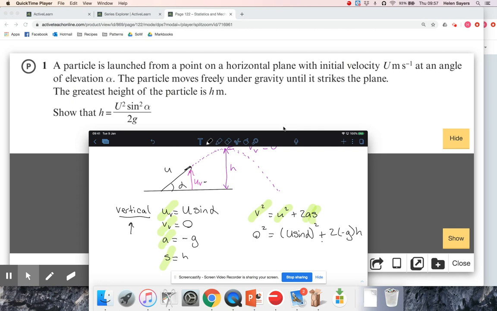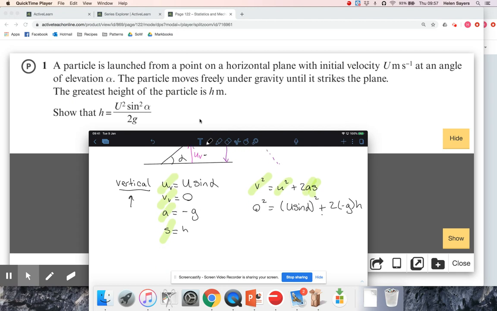Okay, I'm feeling quite positive about this because I can see where a 2g is going to come into things. I can see where u squared and sine squared is going to come in, so I think we might be there. So let's just tidy all that up. 0 squared obviously is 0. If I want to lose those brackets, that's going to be u squared times sine alpha all squared. But you know from your trig that when you're writing sine squared or cos squared, the convention is to write the squared there, from your identity cos squared x plus sine squared x equals 1.